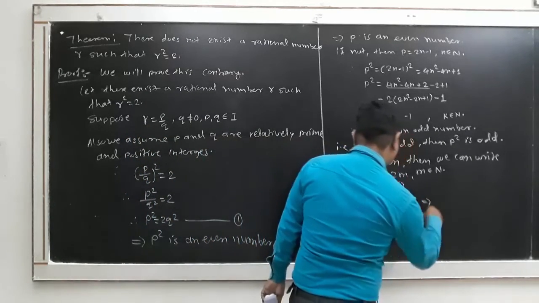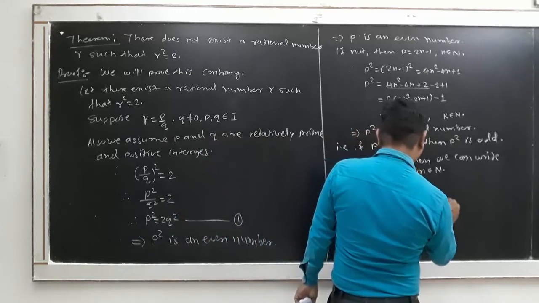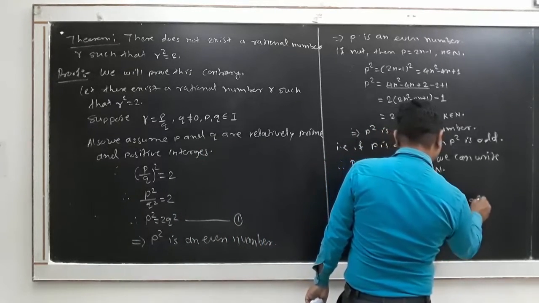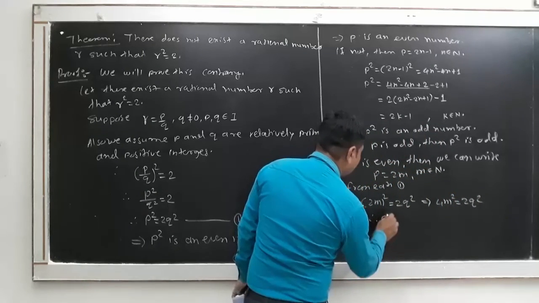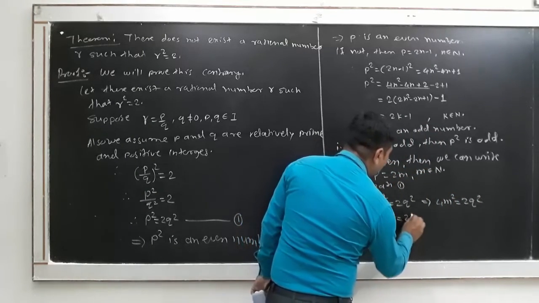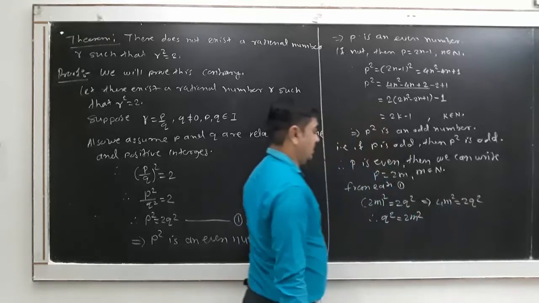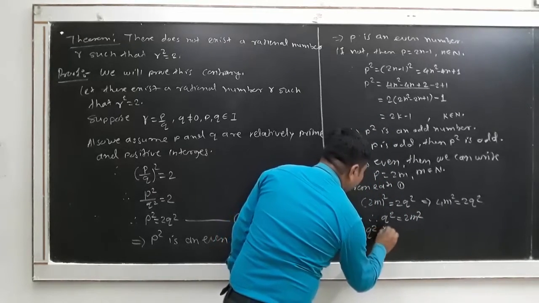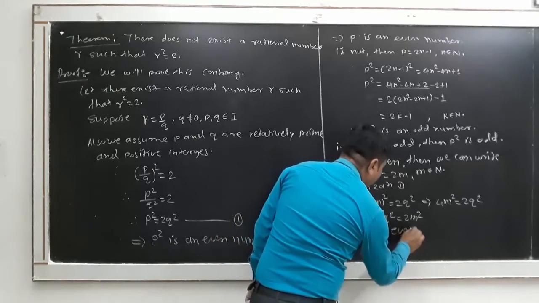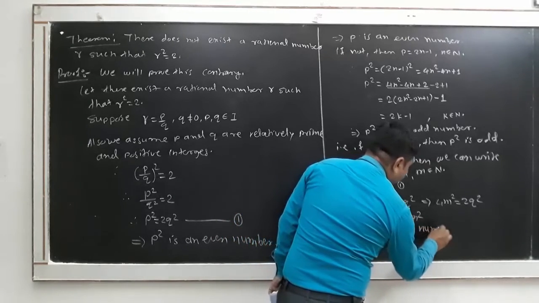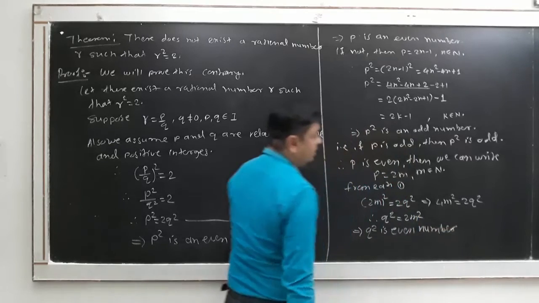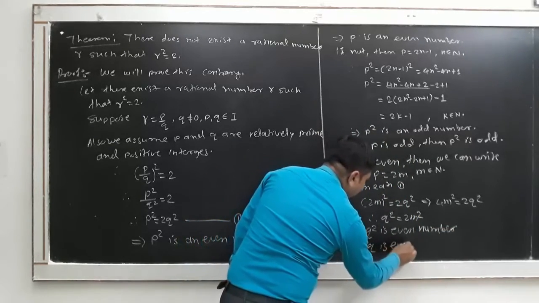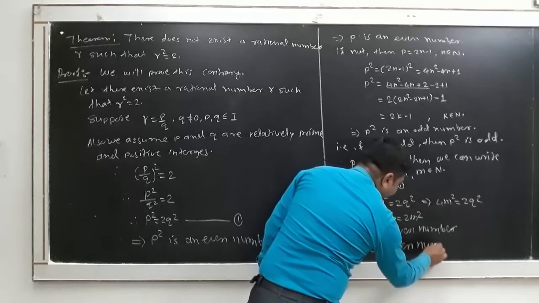Simplifying this, we get 4m square is equal to 2Q square, and therefore Q square is equal to 2m square. This implies again that Q square is an even number, and therefore Q is an even number.